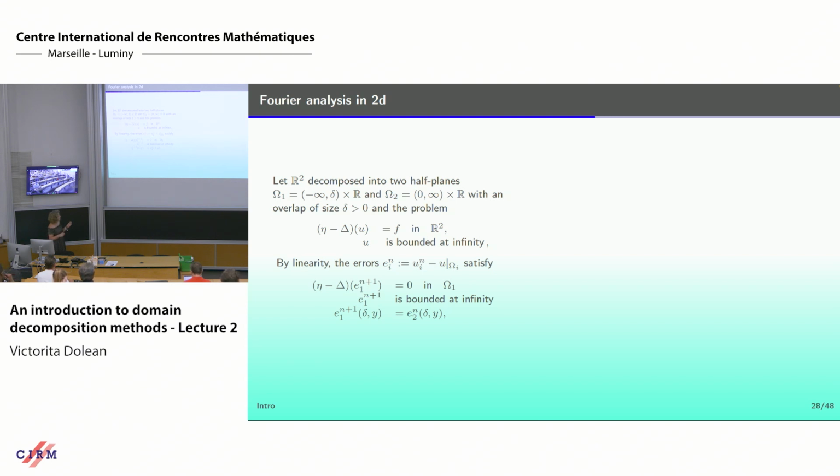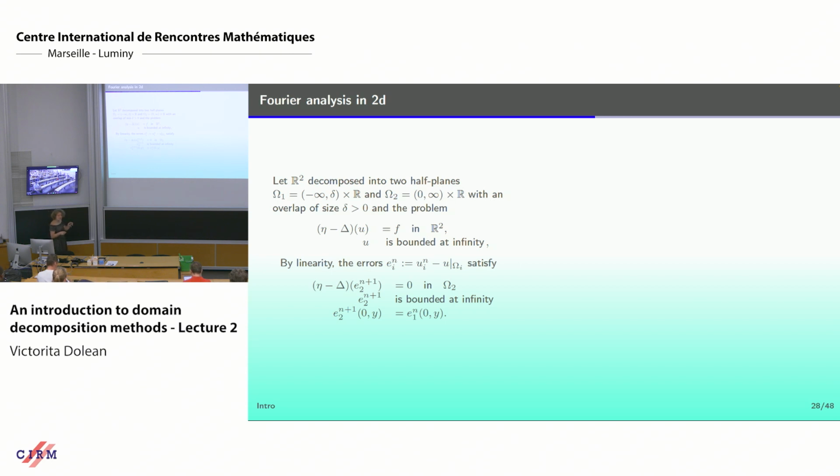The local errors will verify the homogeneous counterpart of your PDE. You have interface conditions, but here you don't have boundaries, because the domain is unbounded, but still you want your local error to be bounded at infinity. This is the only condition that you put there, okay? So the same in the second domain.